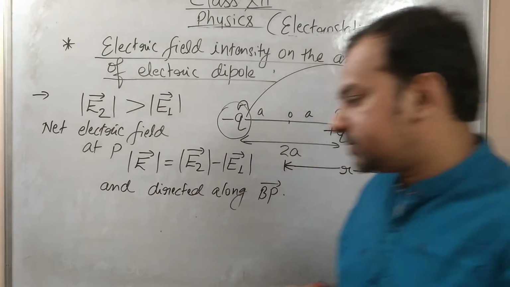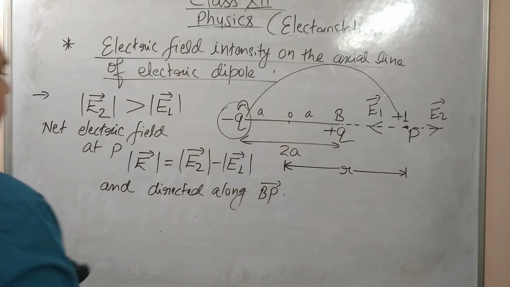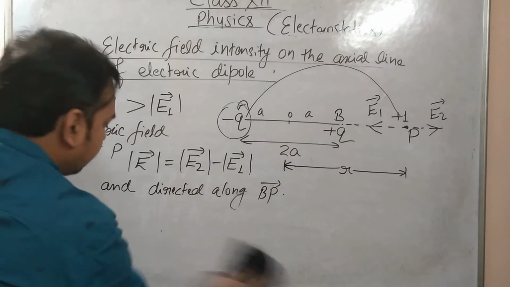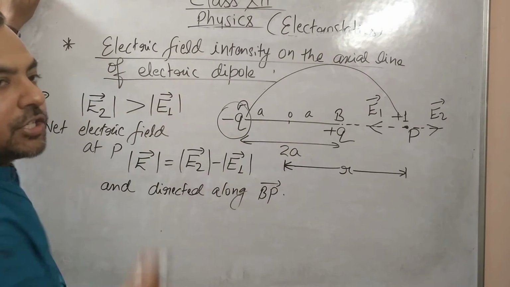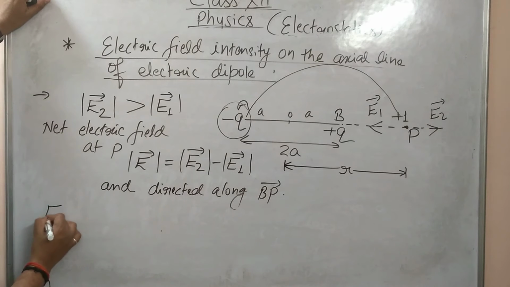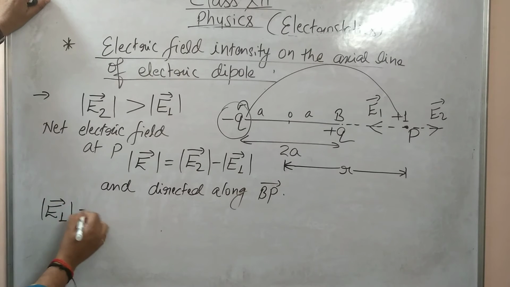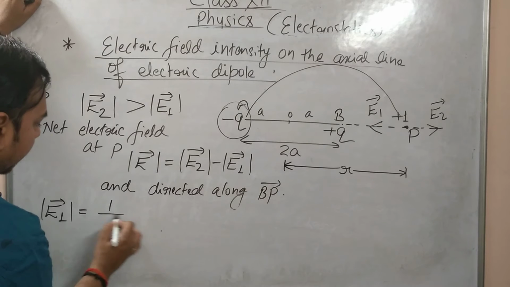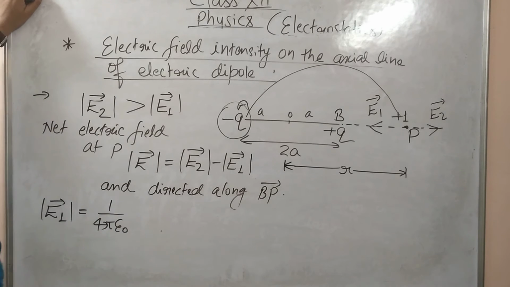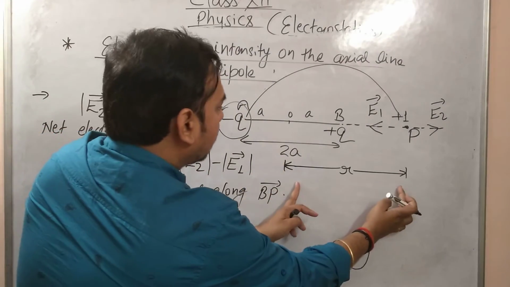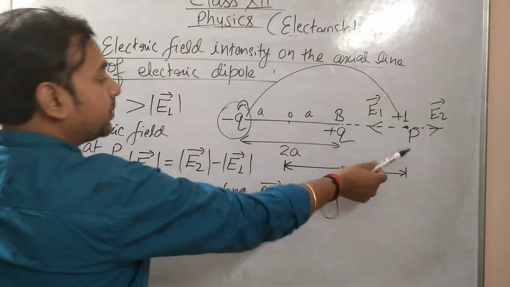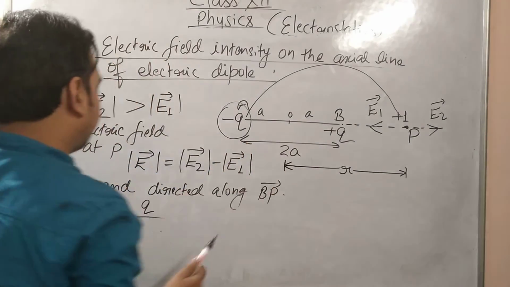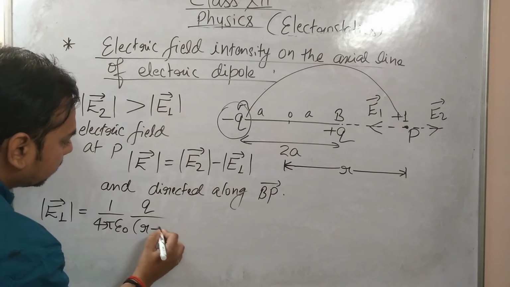So going ahead, let us first find out the magnitude of E1 and E2 separately. What is the magnitude of E1? It is 1 by 4 pi epsilon naught, q by R plus a whole square, because the distance of point P from minus q is R plus a, according to Coulomb's law.